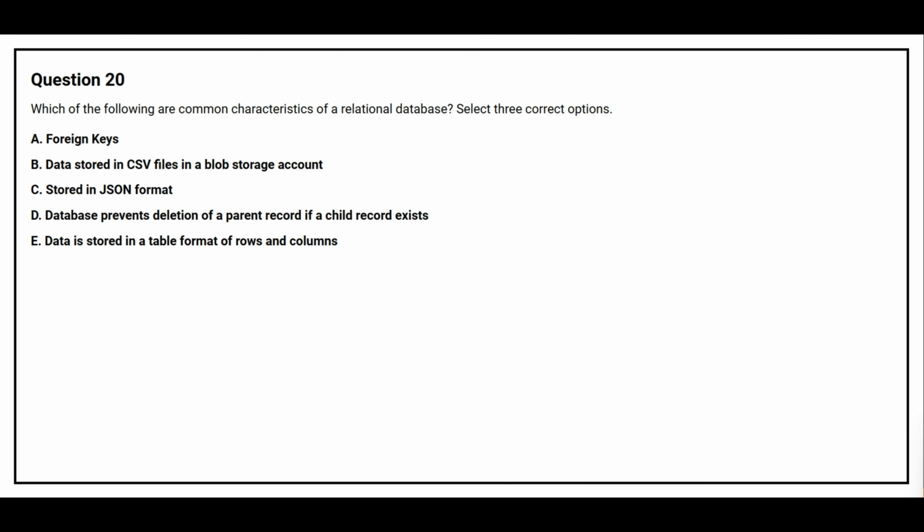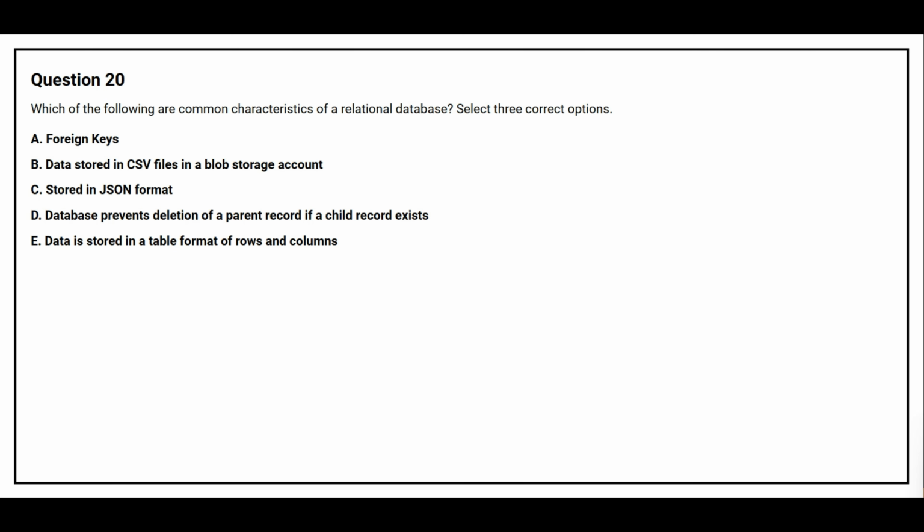Question number 20. Which of the following are common characteristics of a relational database? Select three correct options. Option A, foreign keys. Option B, data stored in CSV files in a blob storage account. Option C, stored in JSON format.